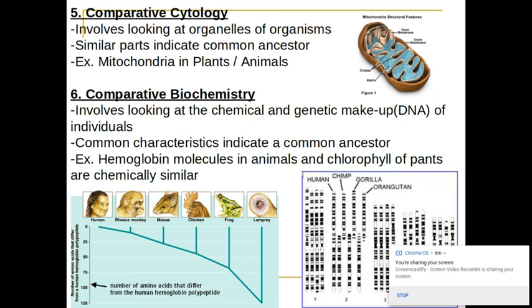Common characteristics, again, indicate that we've evolved from a common ancestor. So they show the amino acids that differ from the human hemoglobin in the other organisms. Here you can actually see the E-gel, the bands in the DNA. Look how closely some of those banding patterns are.